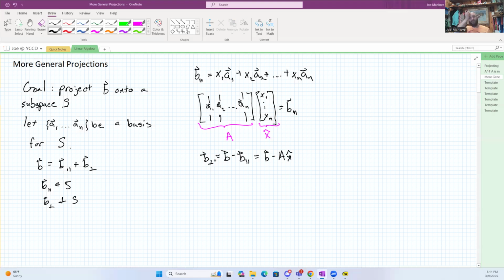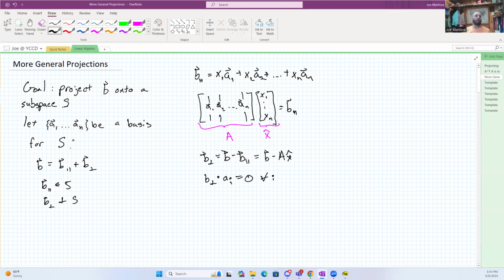And then what do I actually know about B perpendicular? Well, I know it's perpendicular to all of S, which means in particular that it's got to be perpendicular to any of the basis vectors. So I know B perpendicular dotted with Ai is equal to 0, for all i.